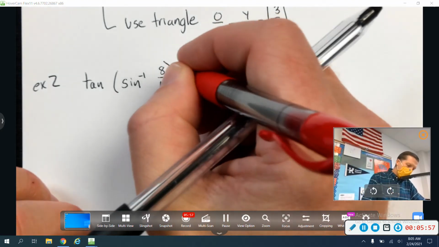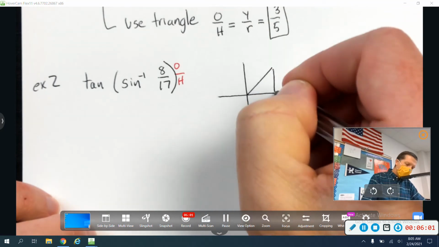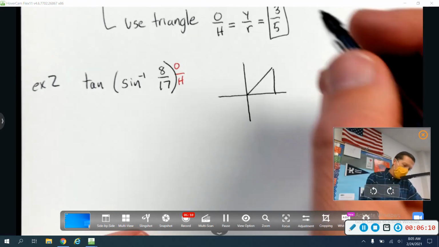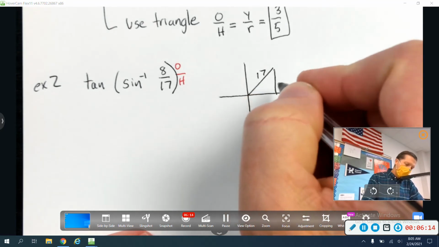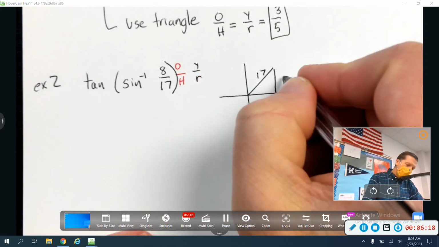Sine is opposite over hypotenuse. So, yeah, I'm kind of switching. I'm not drawing my triangle to scale necessarily like it was important to in the unit circle. I guess you could if you wanted to, but I'm not really worried about it. Hypotenuse is 17. Opposite, or y, if that helps, is 8.